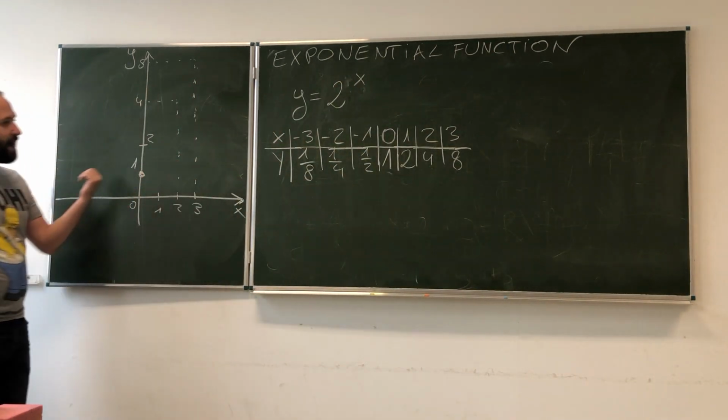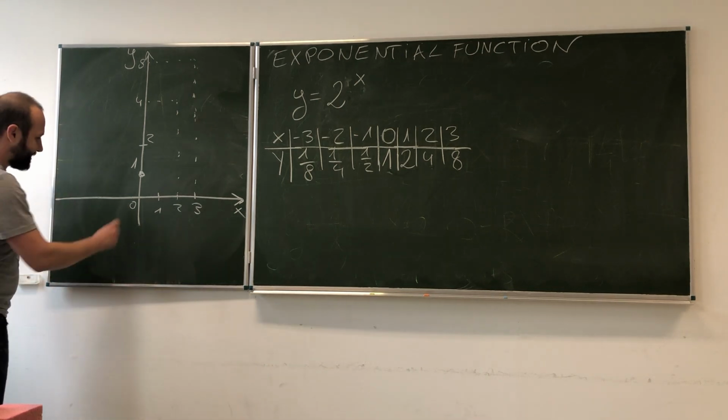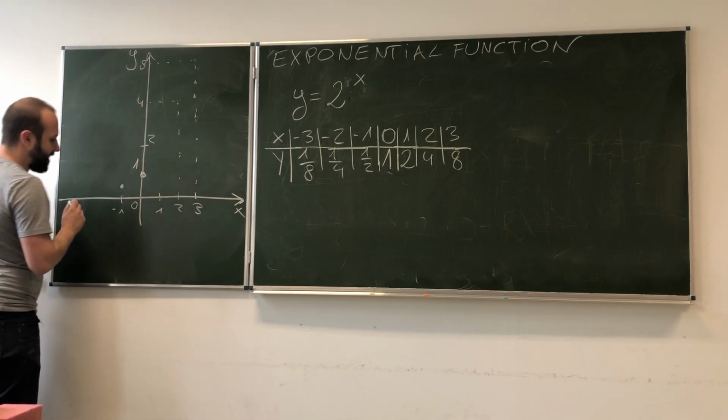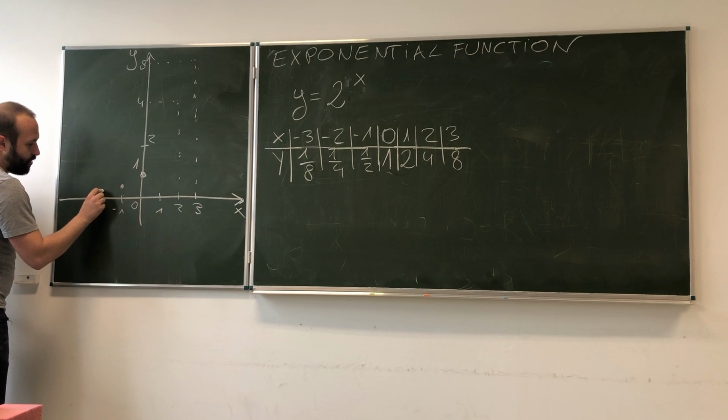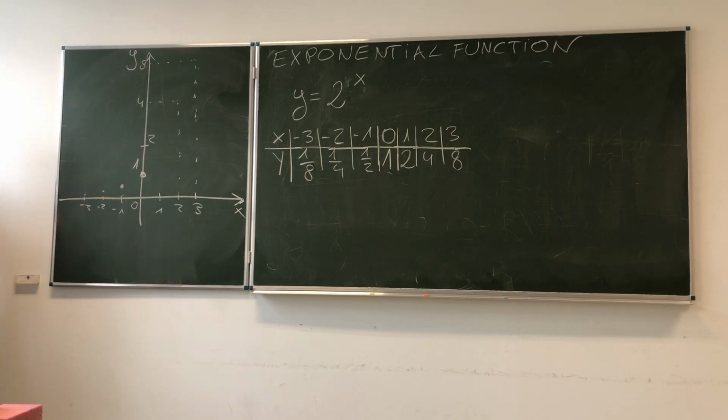Now let's see what happens when we move in the opposite direction. If x is -1, we will have 1/2. Then for -2, we will have 1/4. Then for -3, 1/8.